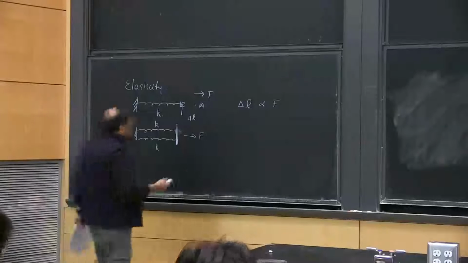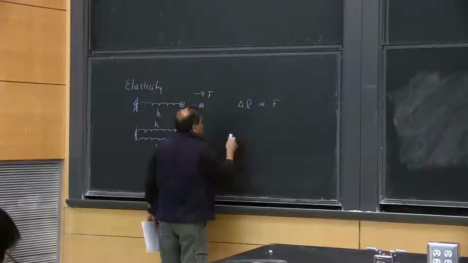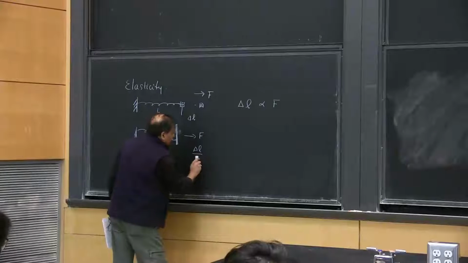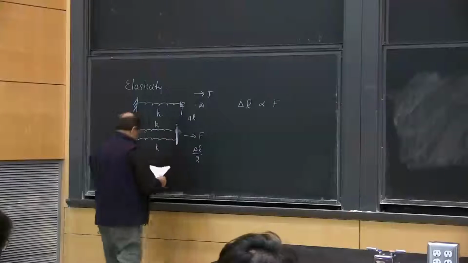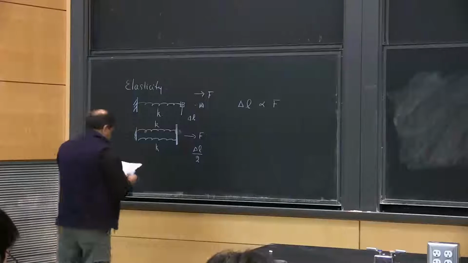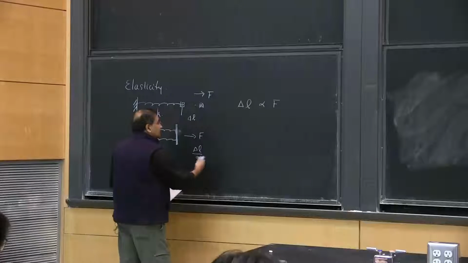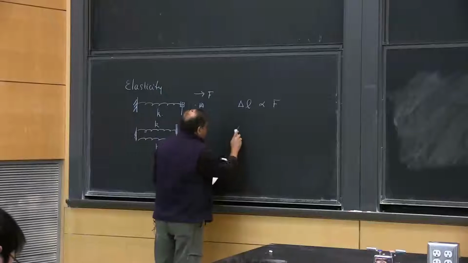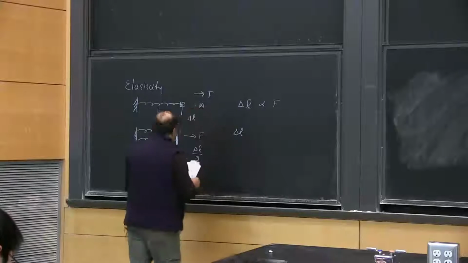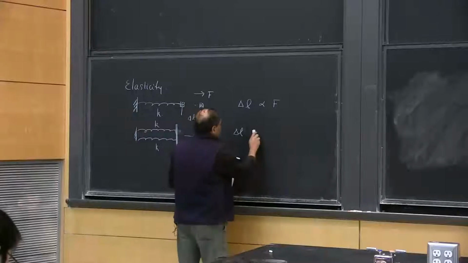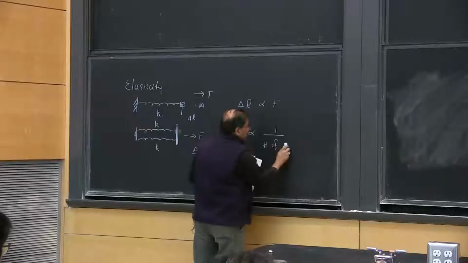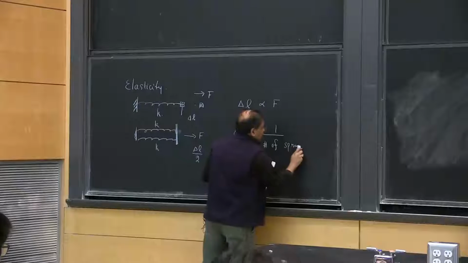So therefore, one would naturally guess that if you have two springs, the stretch will be delta L over 2 per spring, and then two of them will add up to delta L. So you can think about delta L in this case as inversely proportional to the number of springs involved at a very simple level.